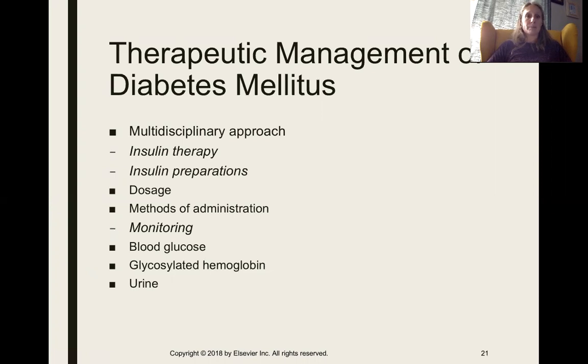Typically, when the pump is present, these kids are receiving a basal rate of insulin, and then they give themselves boluses through the pump based off their finger prick, not based off their serum blood glucose level that an internal device might give them, but based off of a finger prick before meals to give that bolus.